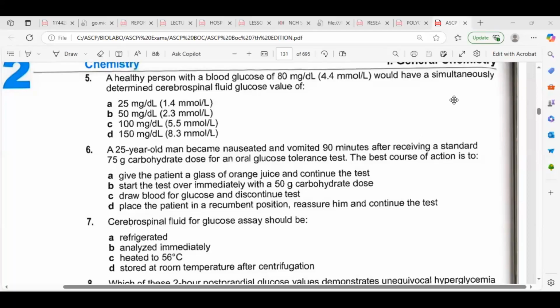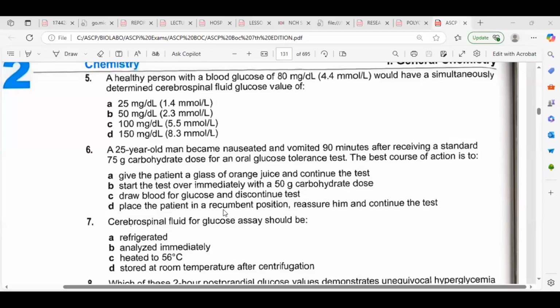Yes, I was also choosing C. But I wanted just to add an explanation why we draw the blood for glucose and we discontinue the test. Because we expect normal metabolism to have occurred within those 1 hour and 30 minutes. Normal metabolism always occurs between that time and 2 hours.